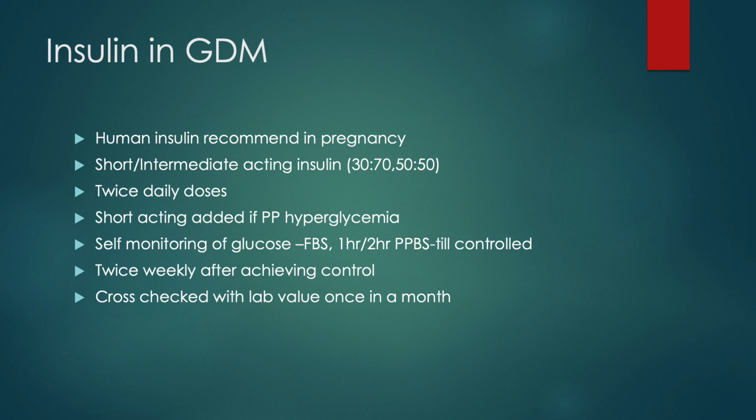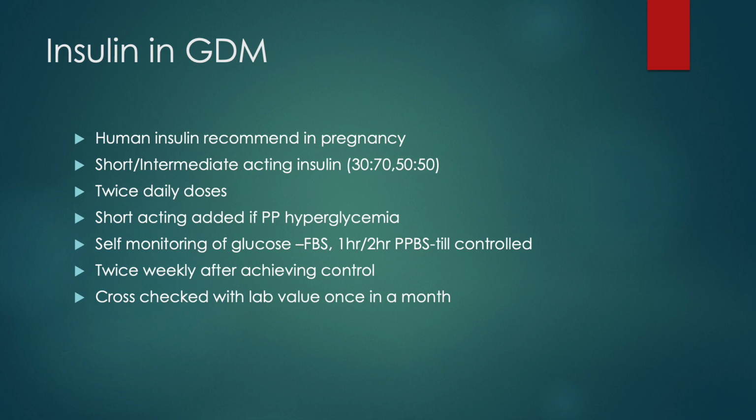To start with, we give intermediate acting insulin like NPH or Mixtard, or a combination of intermediate and short acting. If you are giving a combination, it should be in the ratio of short acting 30 and intermediate acting 70 in the morning, and a 50-50 ratio in the evening. Usually twice daily doses will be sufficient.